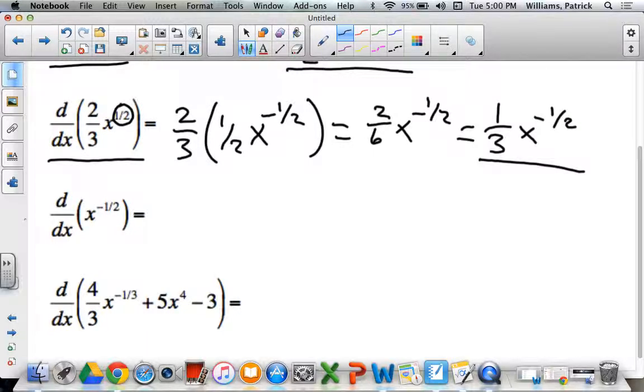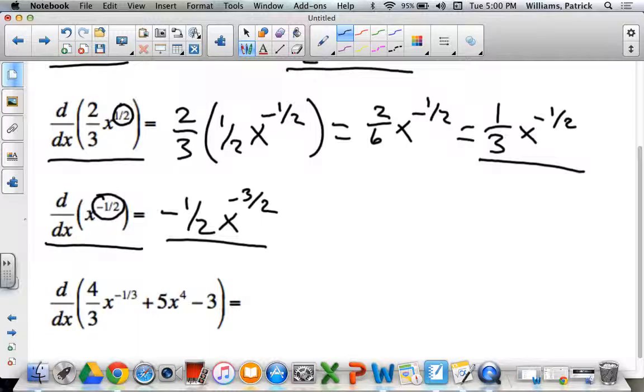All right, so if we're going to do this next one right here, our exponent is negative. That doesn't matter. That's perfectly fine. So again, we bring that exponent down, so we would get negative 1/2 x to the, what's negative 1/2 minus 1? That would be negative 3/2. And there we go. We're done with that one.